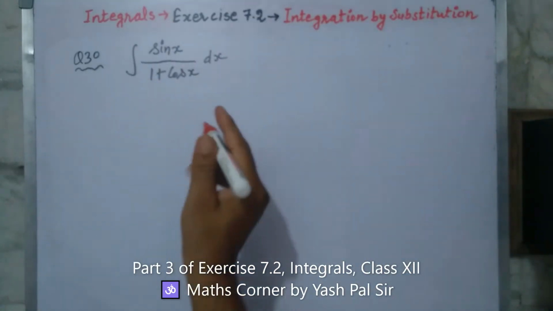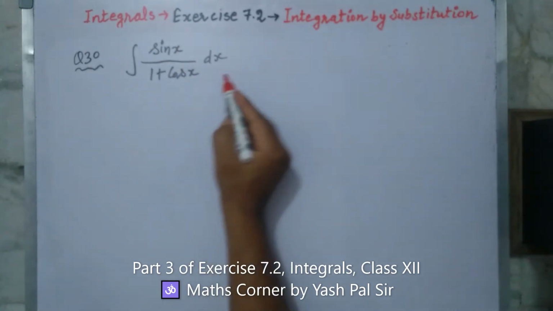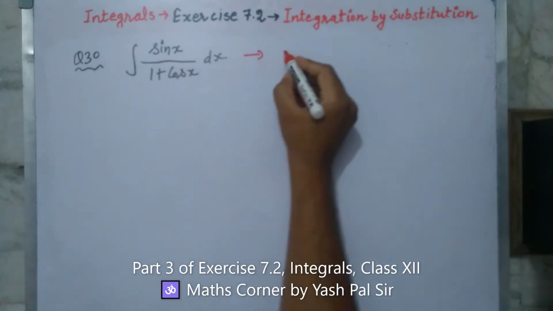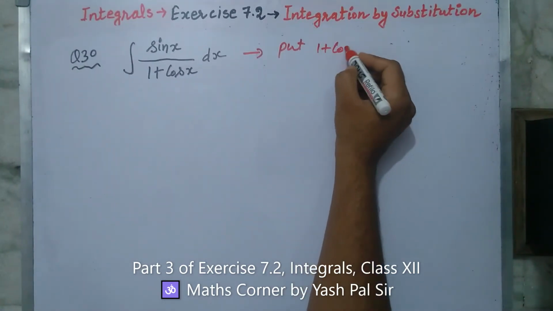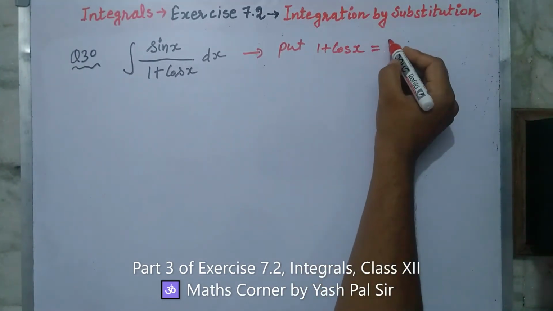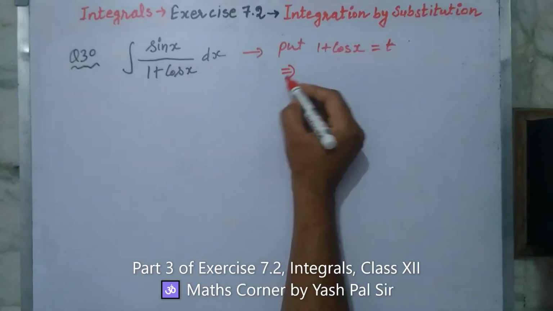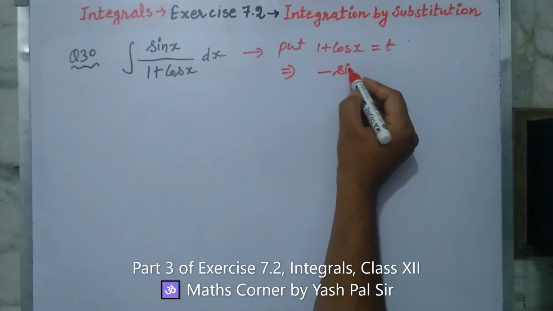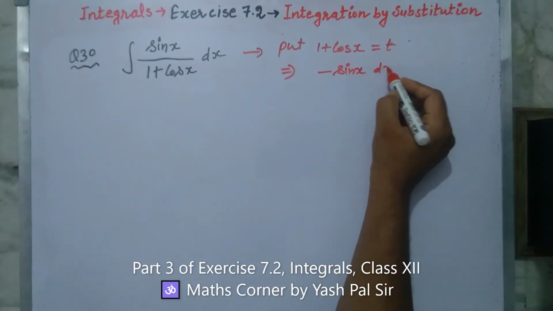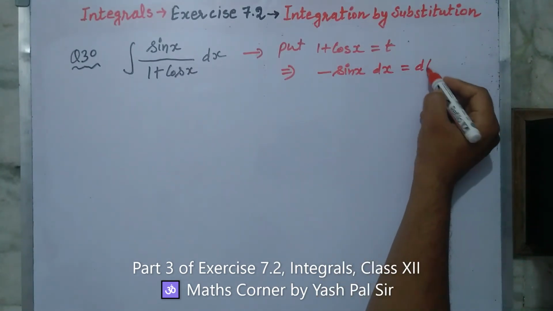Question number 30, sin x upon 1 plus cos x. So here we put the denominator 1 plus cos x equal to t. That means differentiating with respect to x, minus sin x into dx is equal to dt.